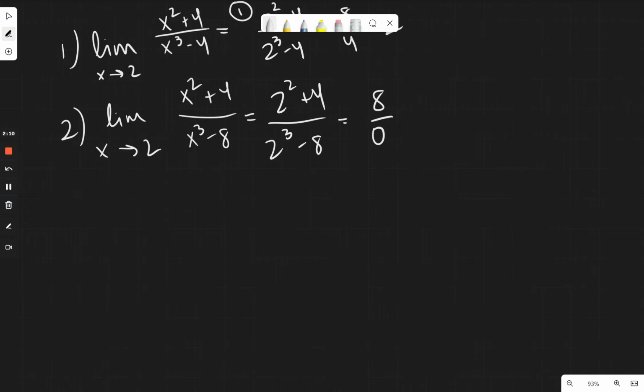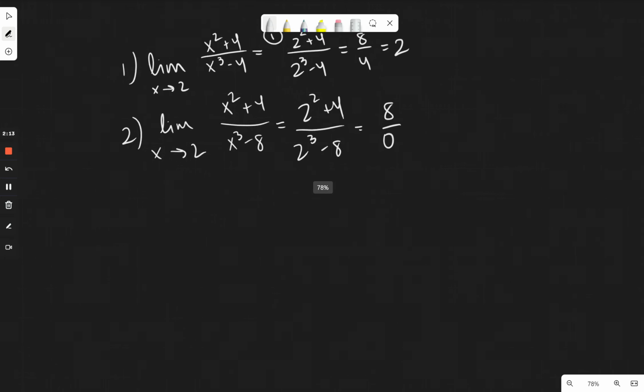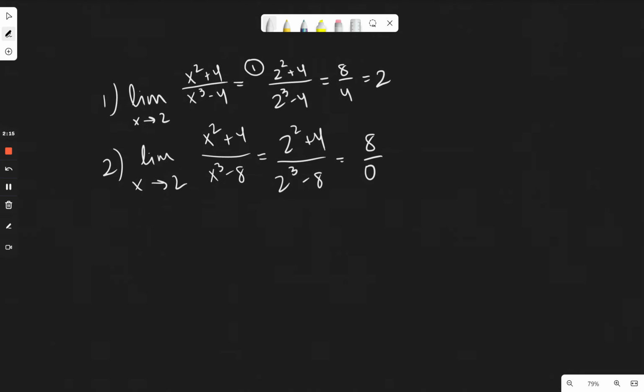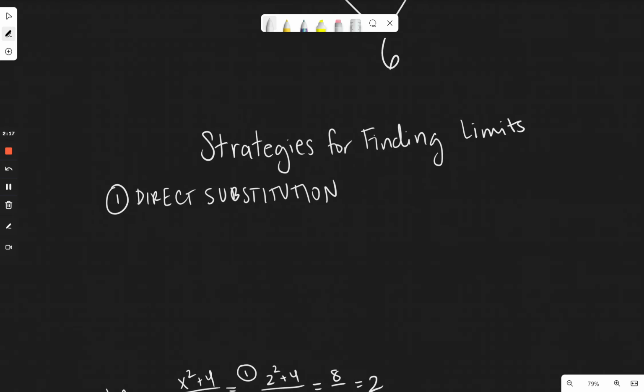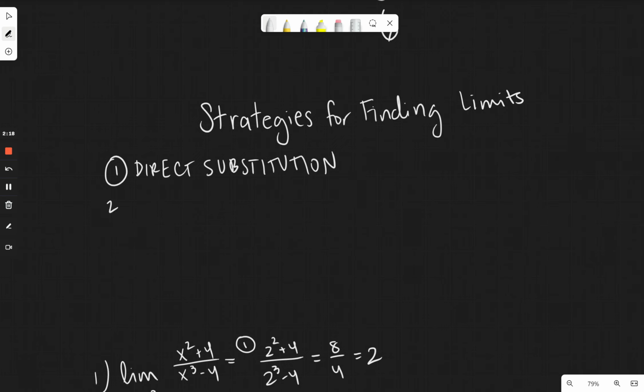Now, anything over 0 can't exist. It's undefined. So what this tells us is whenever we have any number over 0, it probably means there's some unbounded behavior, meaning an asymptote, usually of some sort.